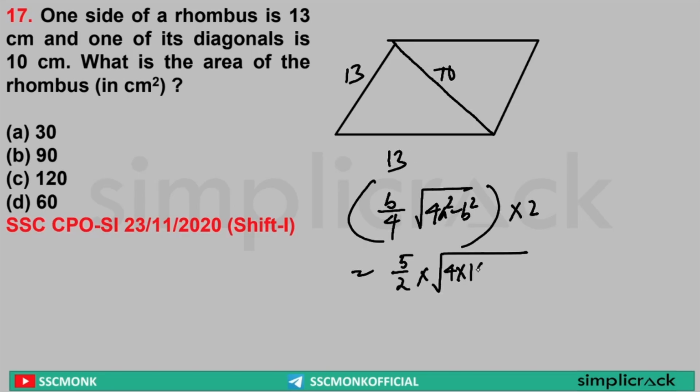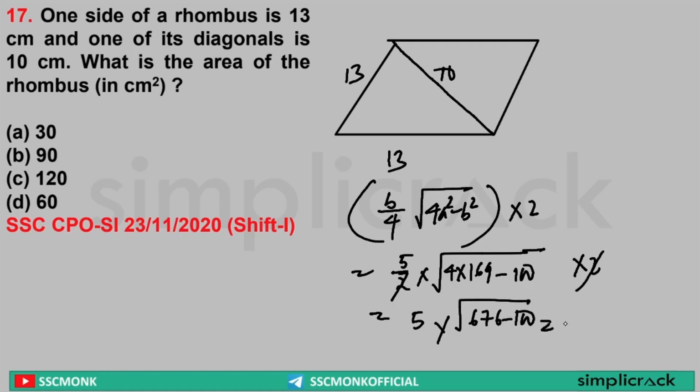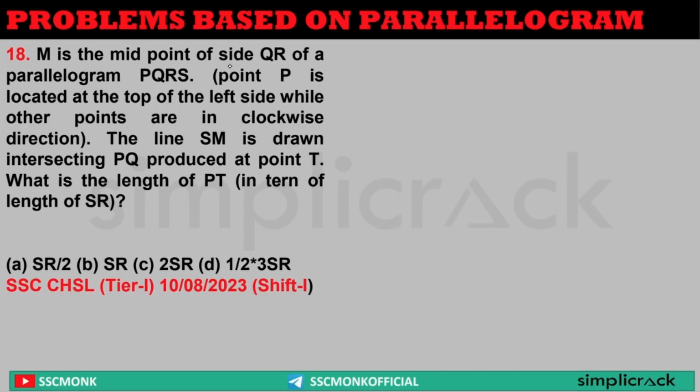That means 4 into 169 minus b square, that is 100, multiply by 2, 2 crossed out, so this can be written as 5 into square root of 676 minus 100, that is equal to 5 into square root of 576, that is equal to 5 into 24, that is equal to 120. So what is the area of the rhombus? 120 centimeter square. Clear?